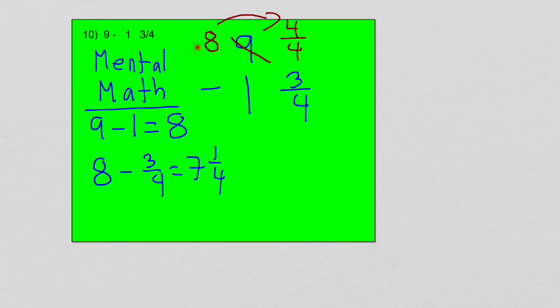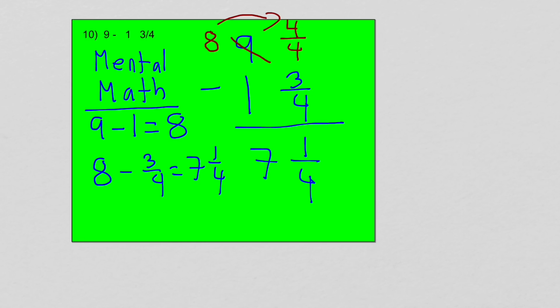So what I have here is 8 plus 1 is still 9. But now I can subtract this fraction. 8 take away 1 is 7. And 4 take away 3 is 1 over 4. And I get the same answer that I had here.